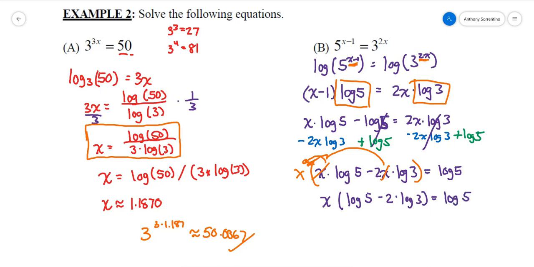And of course, this one here could be simplified a bit more by moving that 2 to the inside, and I would have x times the log of 5 minus the log of 3 squared, which would just be 9, equaling the log of 5. Since these both are numbers now, me subtracting them would produce yet another number. And so I do have x times a number equaling a number. So from a basic equation standpoint, all I really need to do now is just divide both sides by the log of 5 minus the log of 9.